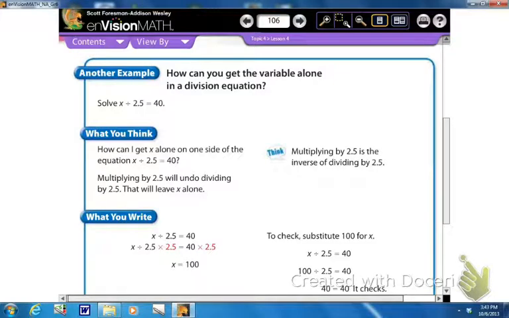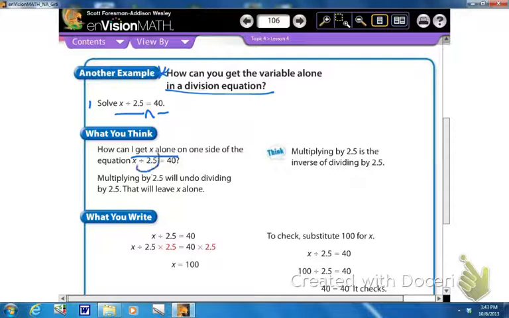Okay, let's look at another example on page 106. So how can we get the variable alone in a division equation? So they give us an equation here. Solve x divided by 2.5 equals 40. Well, how can I get this x alone on one side of the equation if x is divided by 2.5?